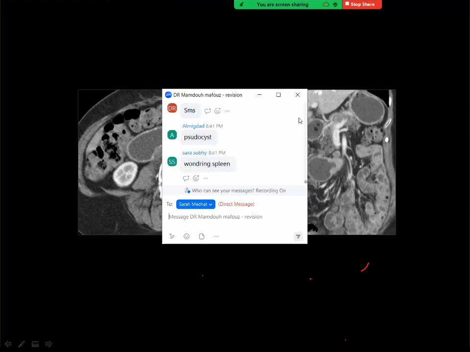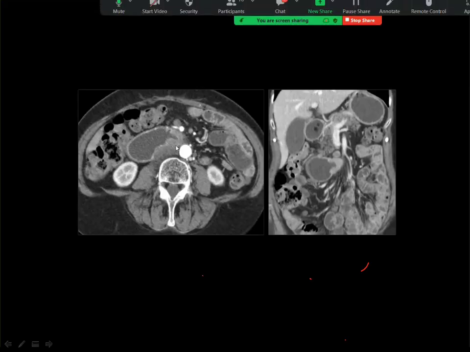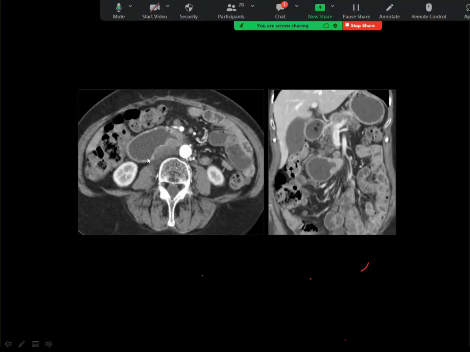Superior pseudocyst, wandering spleen. Where is the spleen which is wandering? Okay, here you see that the duodenal loop is markedly dilated, and this dilatation ends by an obstruction. This obstruction is caused by significant mural thickening of the duodenal loop, resulting in luminal compromise.